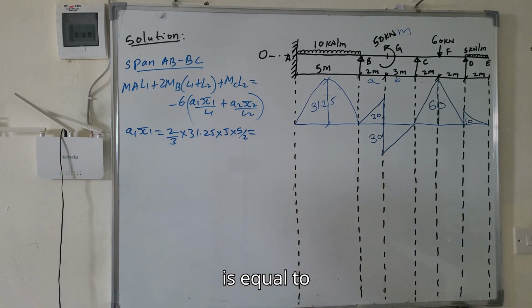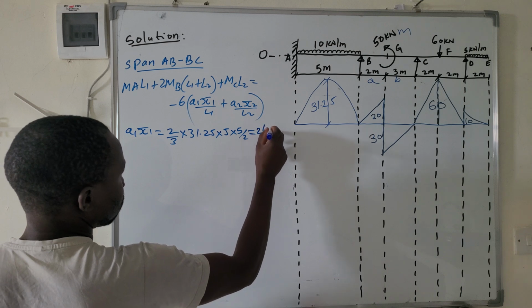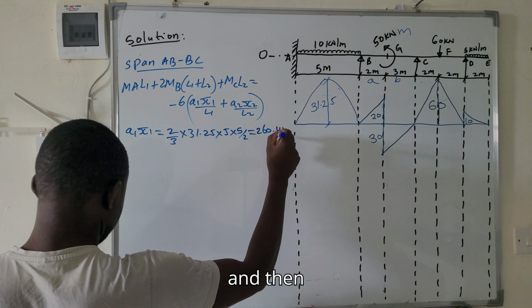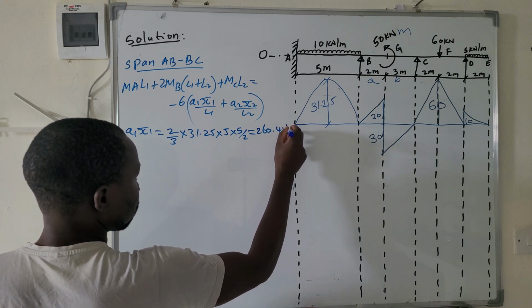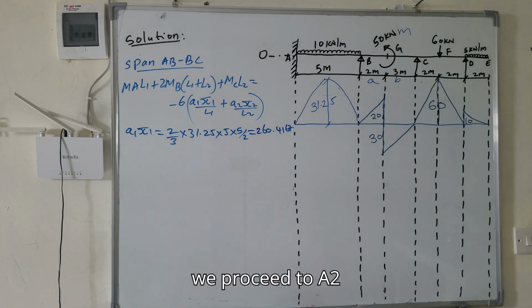So this one is equal to 260.4167, like that.